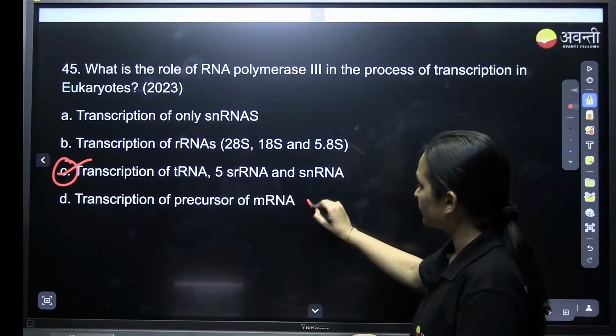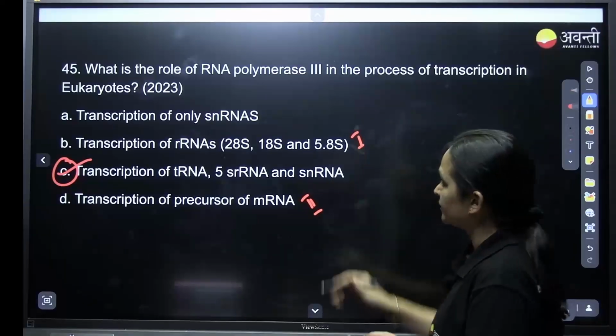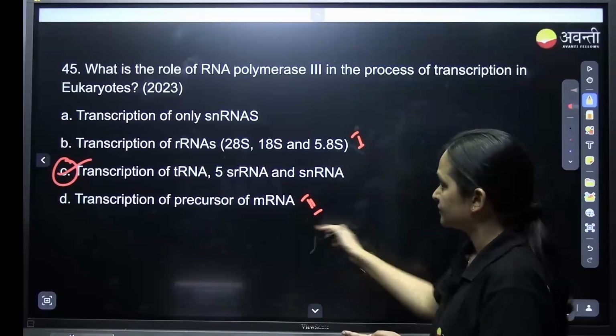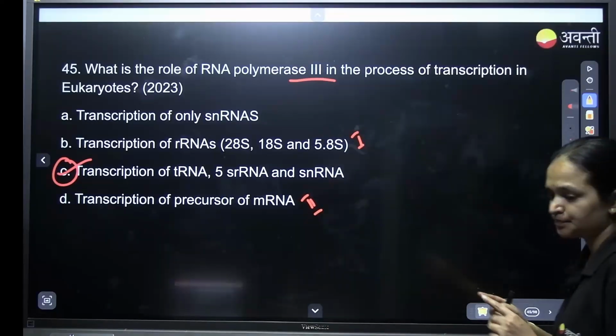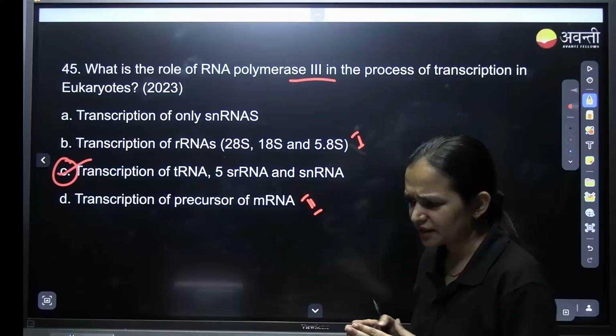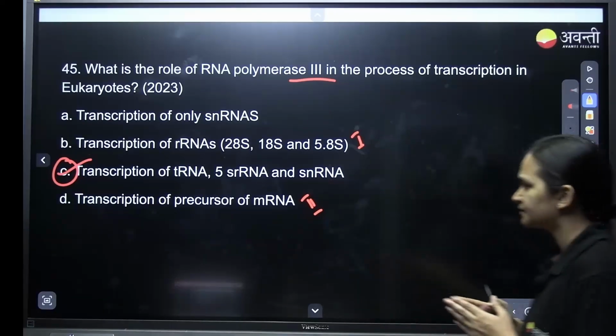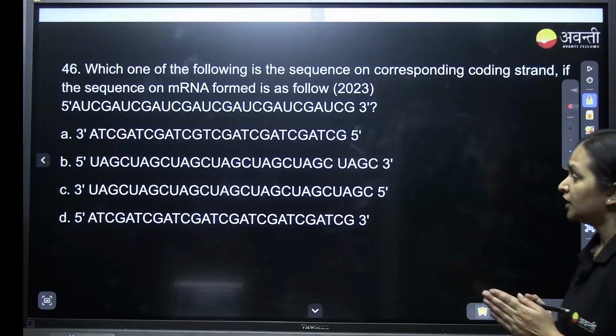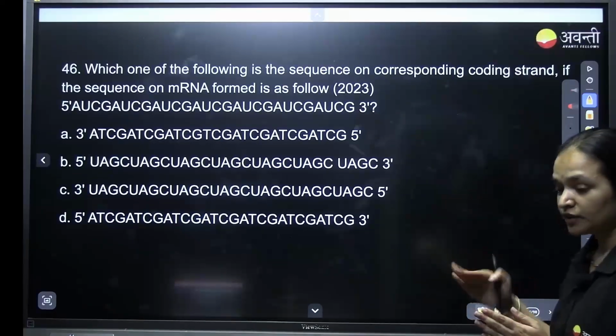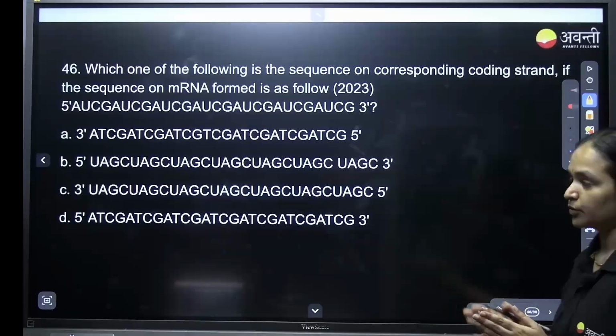This is RNA polymerase 2, and 1 is only rRNA. They have asked about polymerase 3, so C is the correct answer. There is a table given in the NCERT, go through that, especially based on that particular question. Based on that particular diagram, that was a question.